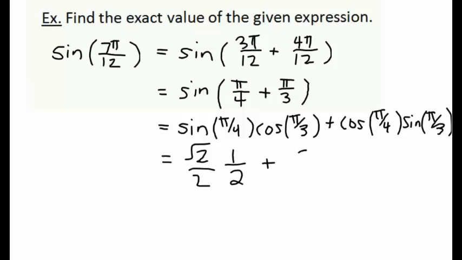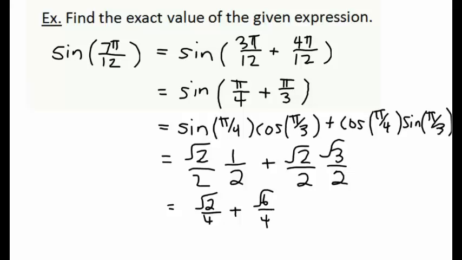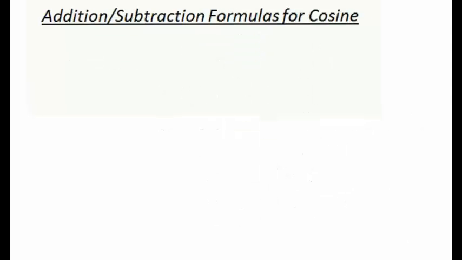Cosine of pi by 4 is also 1 over root 2, or root 2 over 2. And sine of pi by 3 is root 3 over 2. Multiplying together, we get root 2 over 4 plus root 6 over 4, for a final answer of root 2 plus root 6 over 4.